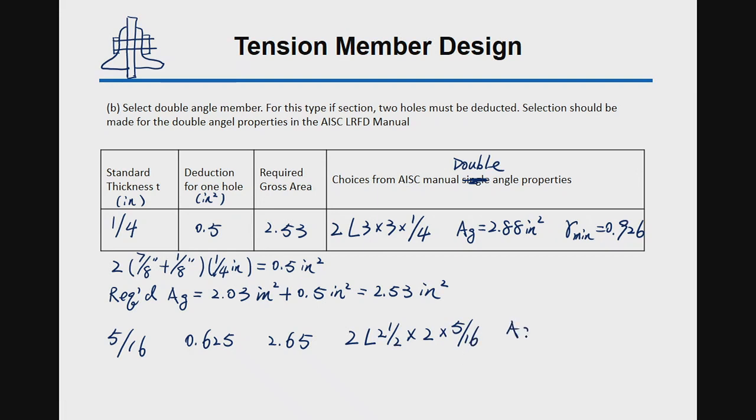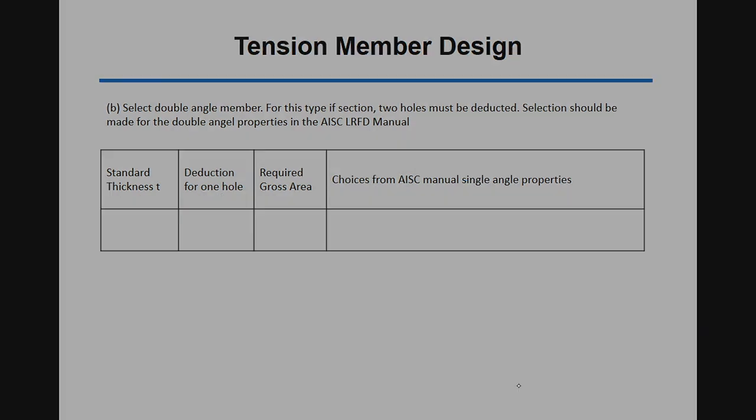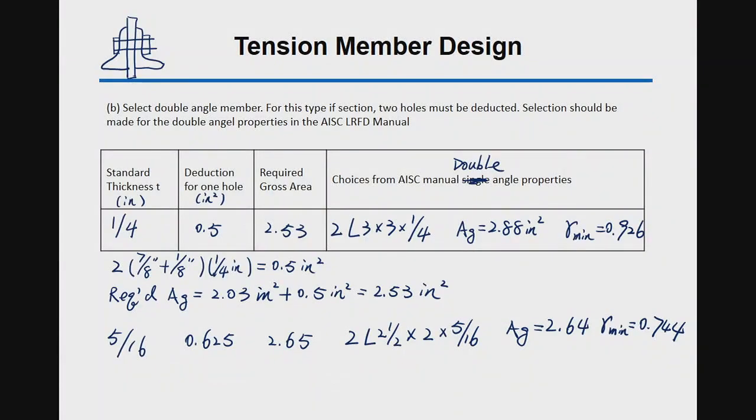So this member's cross-sectional area is 2.64, and rmin is 0.744, right? So they would all qualify. All right. Okay, so all those members would work. So we want to select one of them and check the phi Pn for the selected member.